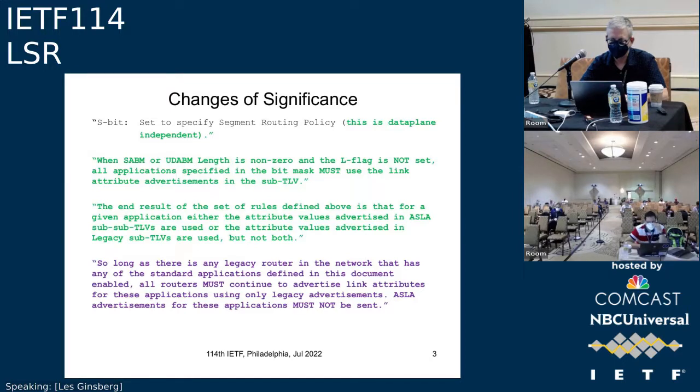We clarified the use of the zero length ABMs, the L-bit. These are essentially things that came out of the original errata. And we also clarified that when we have legacy routers in the network who are only going to be using legacy advertisements, we must not only continue to advertise legacy, but we must not advertise ASLA because the legacy routers will not be looking at those. That was another request from Srvtns.